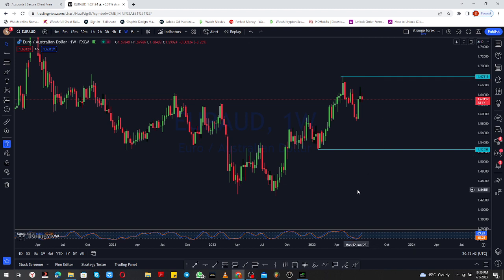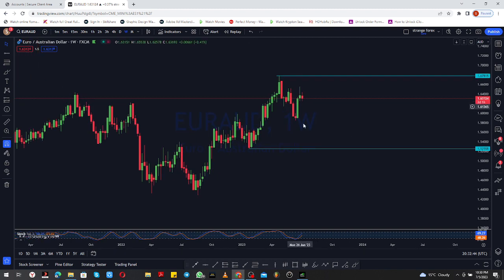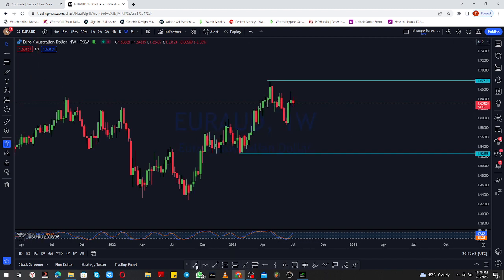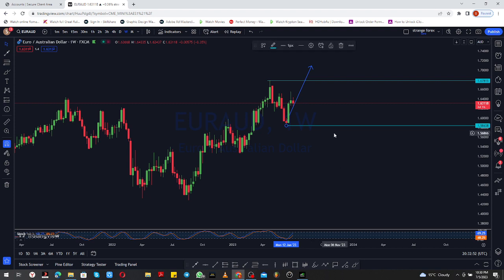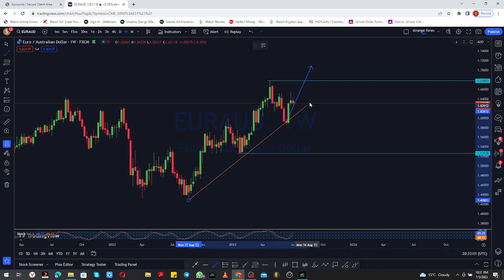Until we break this high, if we break this high, we will have another low at this point. Since we haven't broken that high, our confirmed low is still this one, right? Based on this trend.